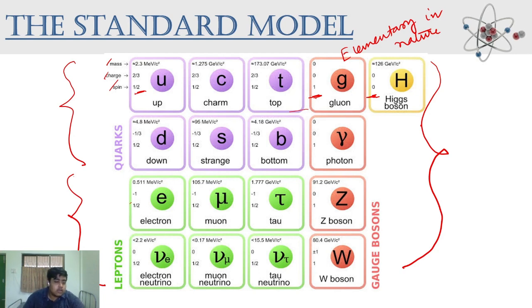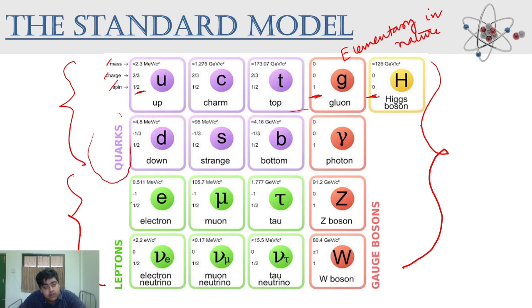Now, let's move to the main topic of today's talk, which is the quark. As you can see in the standard model, it's been marked here as quark. So, what is a quark?